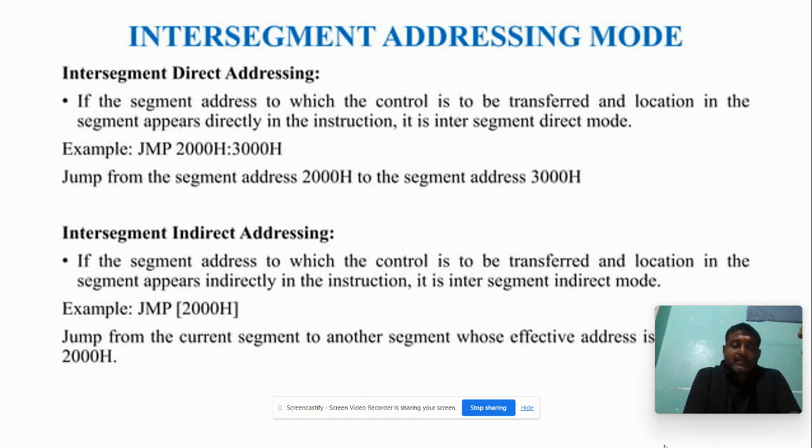If the addresses are represented indirectly using BX, base registers, offset registers, or source or destination registers, it is called indirect addressing. Second example, inter-segment indirect addressing mode.